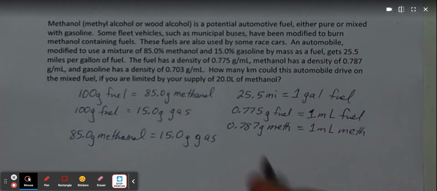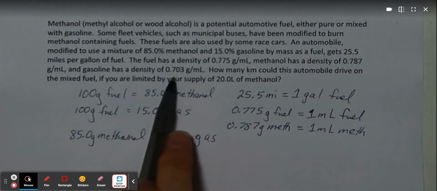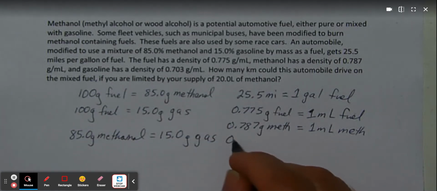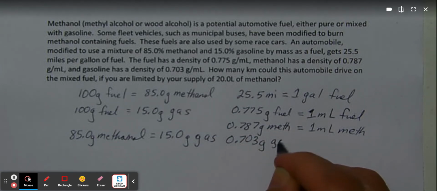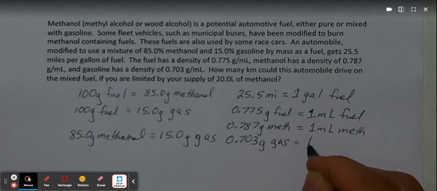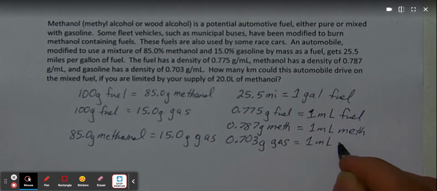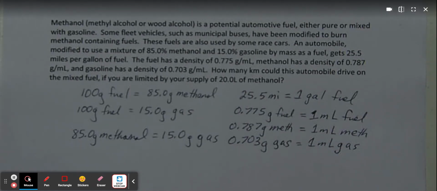And finally, the density of gasoline: 0.703 grams of gas is equal to 1 milliliter of gas. Those are our conversion factors, the relationships we're probably going to use. We may not use all of these, but they're there for us to use.